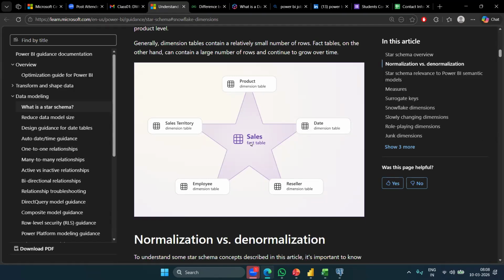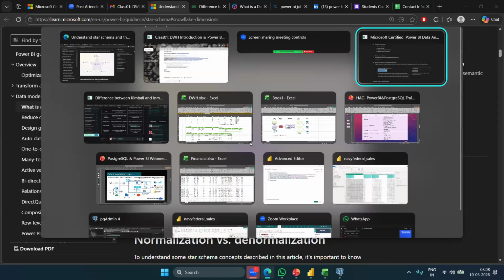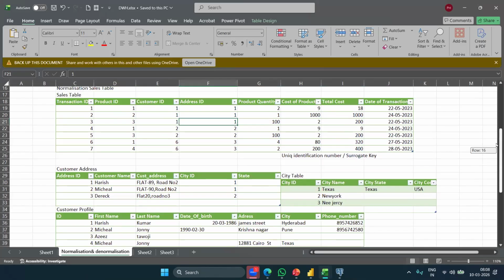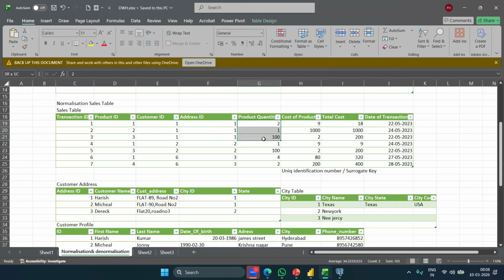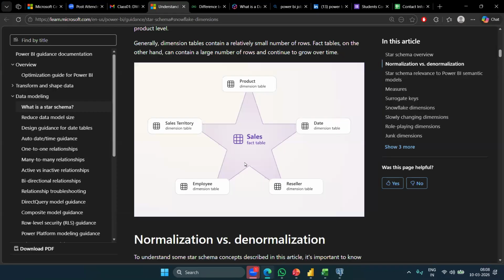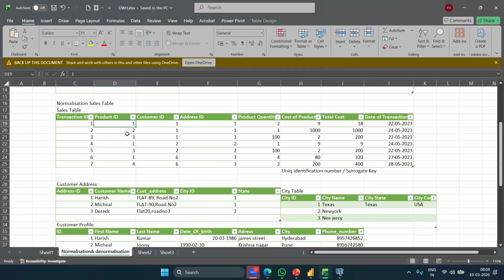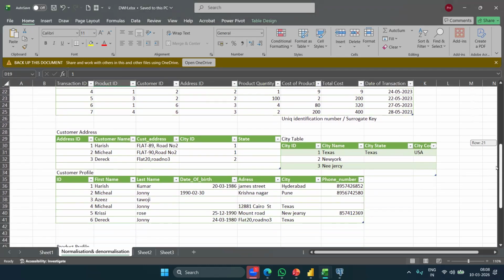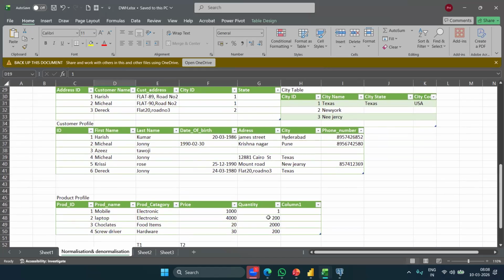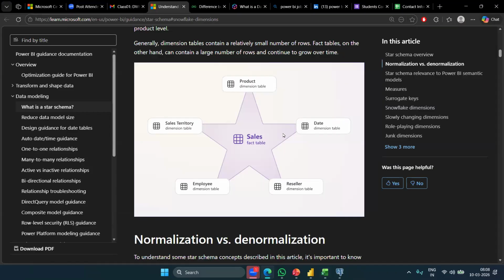I have a sales table sitting at the center that stores the quantity, cost, and total cost, along with information about the product and customers based on their unique reference numbers. And suppose I have a product ID 1 and want to know what this product is, I will hit the product table and get more details from it. So a central fact table.